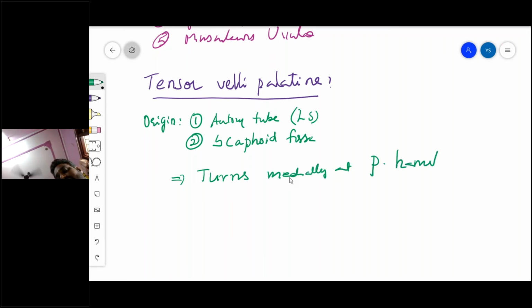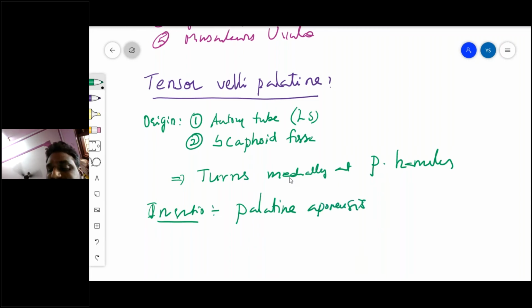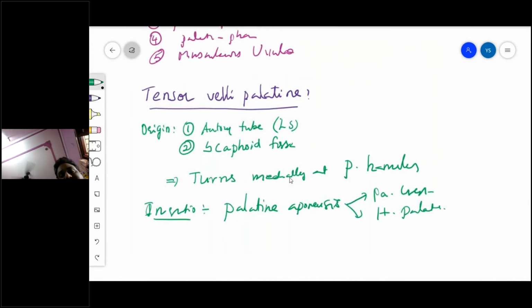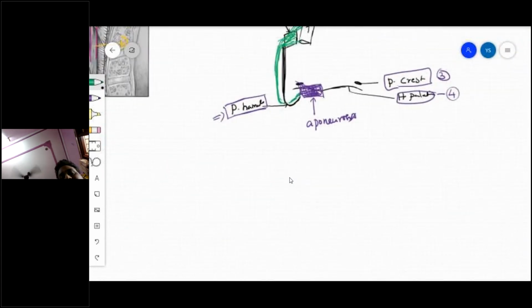You highlight this one. Then insertion. Near the insertion it forms the palatine aponeurosis, and this palatine aponeurosis is inserted to the palatine crest and hard palate, the posterior free border of the hard palate. So this is about the tensor veli palatini muscle. Short notes question, important from the exam point of view.